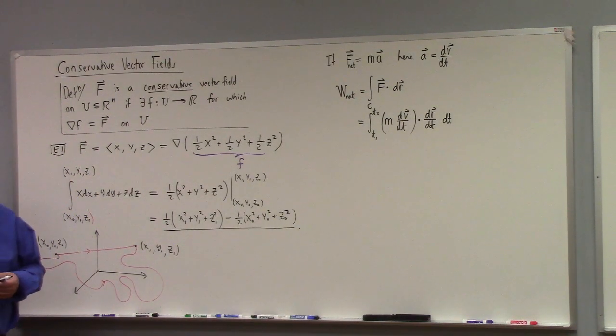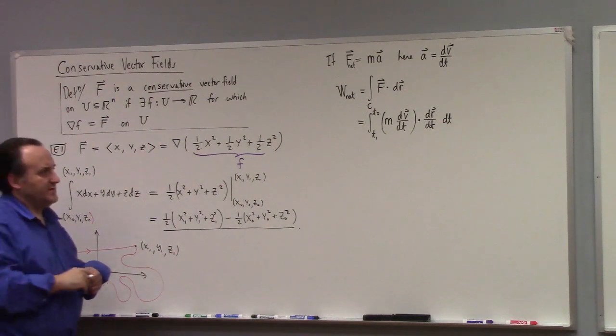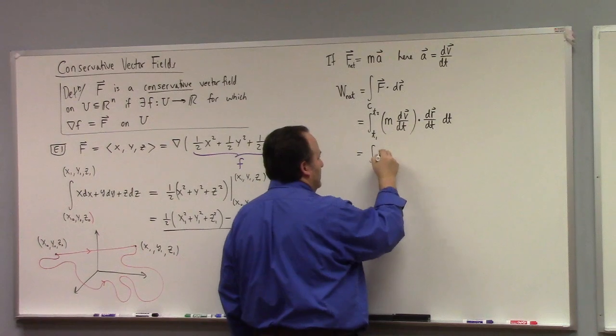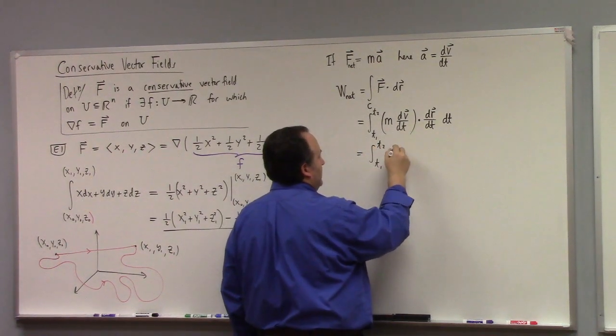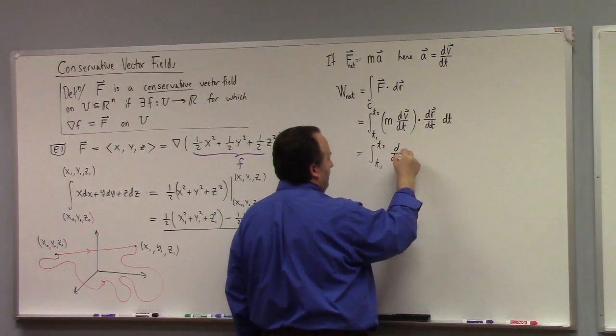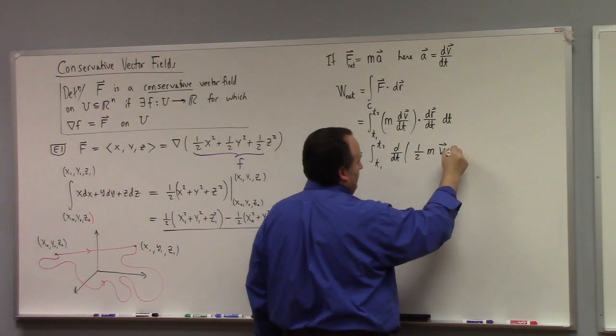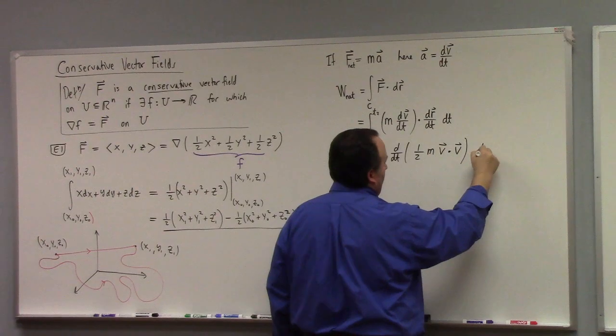But then there's a kind of neat trick you can do here. You see, this is equal to the integral from t1 to t2 of the total derivative of 1/2 m v dot v dt.